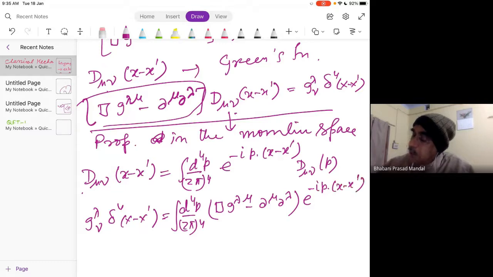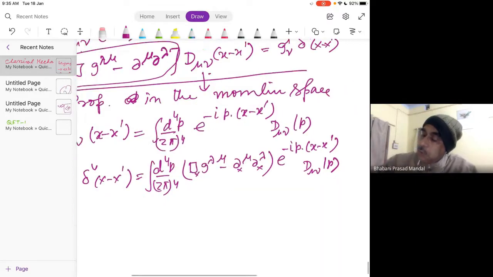And this is a function of momentum, so this is only a coordinate operator. But remember, these derivatives are all with respect to x, not with respect to x prime. So only x will be differentiated. D mu nu of p is outside this differentiation.